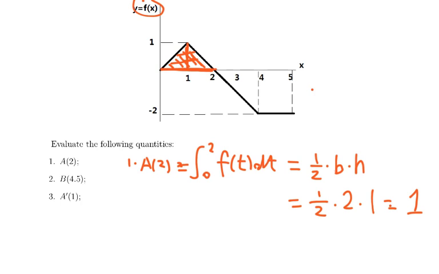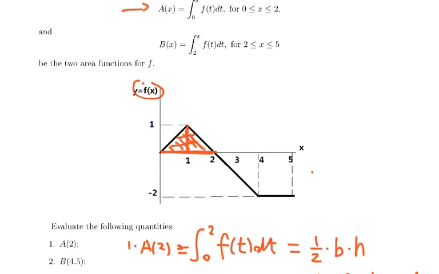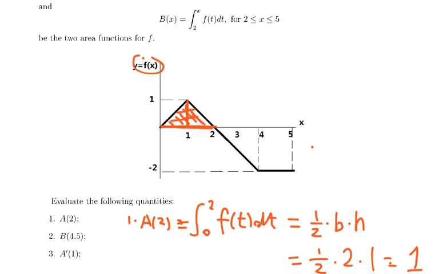Alright, for the second part, we want to evaluate B(4.5). Remember, for the area function B, we integrate from 2. So that means we're going to find this part of area until x equal to 4.5.